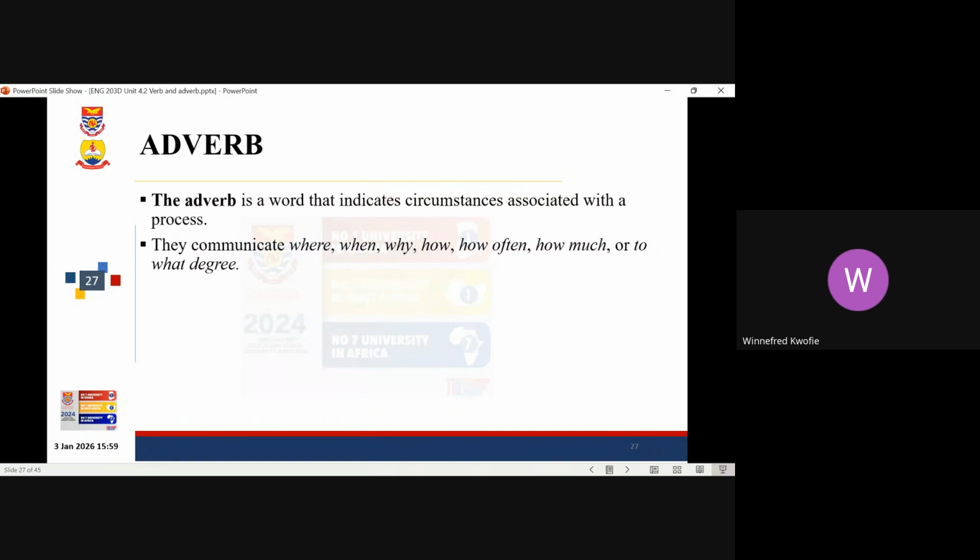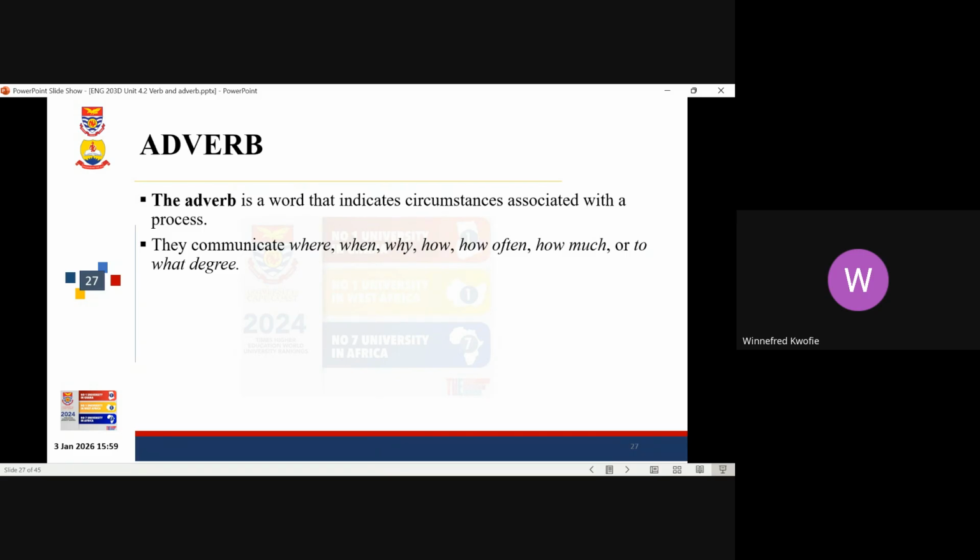We want to look at the adverb. So adverbs indicate circumstance illustrated with a process. Before we talk about the process as the verb, the process can refer to seeing something, doing something, tasting something, and so on, or a state of being.